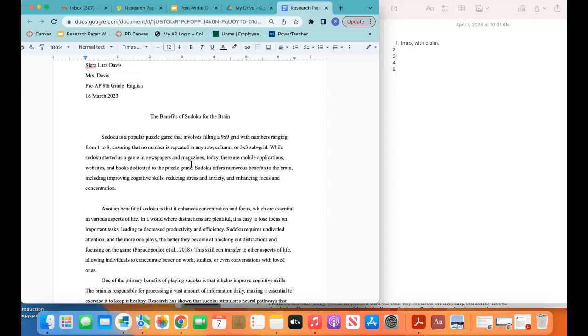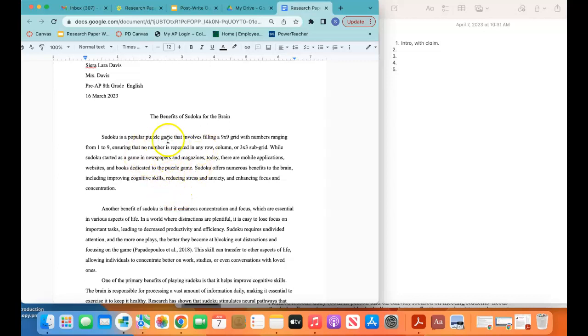Okay, Sudoku is a popular puzzle game that involves filling a 9x9 grid with numbers ranging from 1 to 9, ensuring that no number is repeated in a row, column, or 3x3 subgrid. While Sudoku started as a game in newspapers and magazines, today there are mobile applications, websites, and books dedicated to the puzzle game.